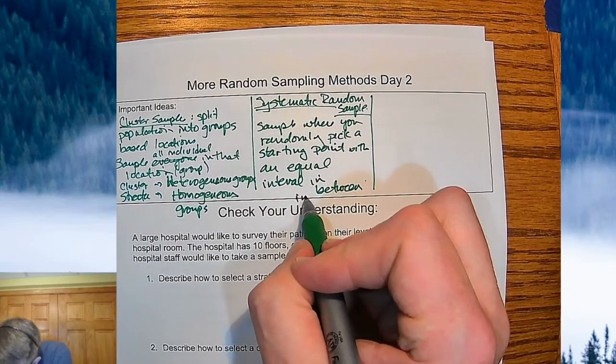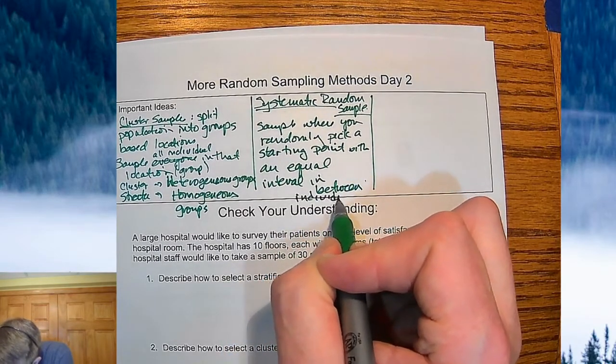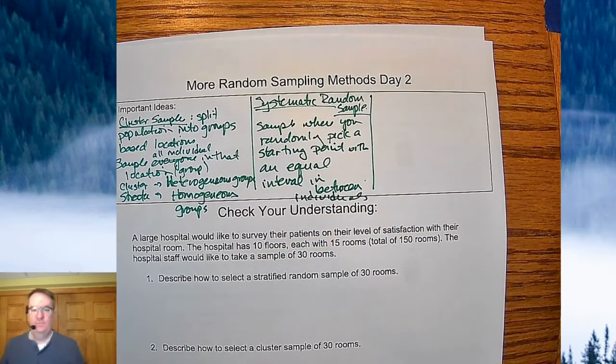Individuals, yeah, I need that too. So again, you're saying, okay, I'm starting here, then I'm going to go every 5th locker. I'm going to go every 6th locker. I'm going to go every 10th person in the crowd, that type of thing.